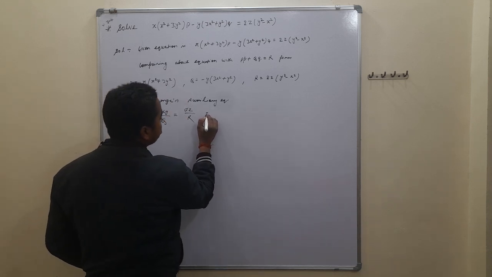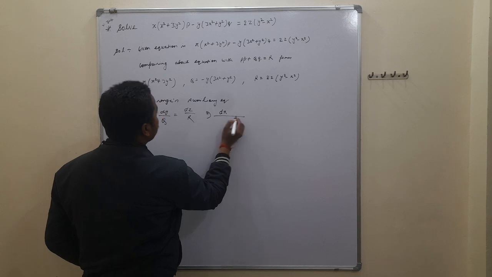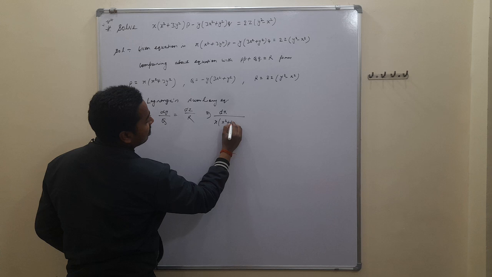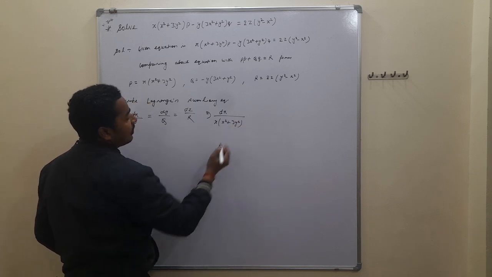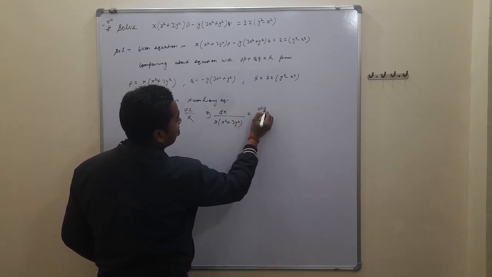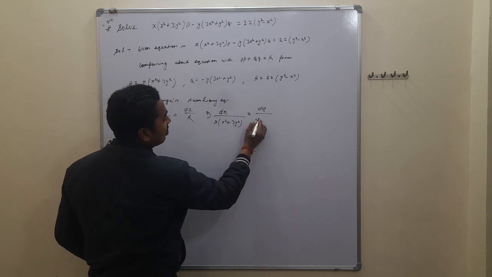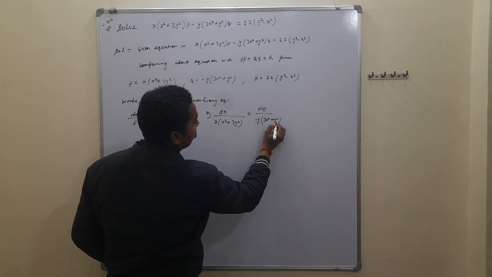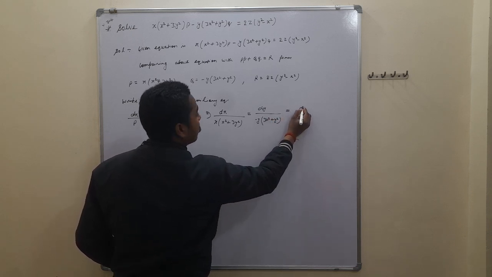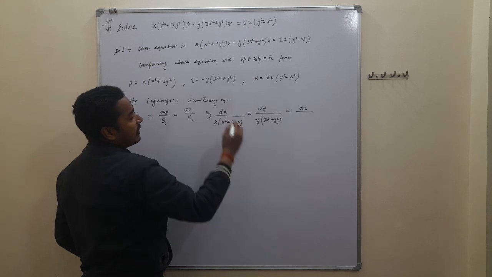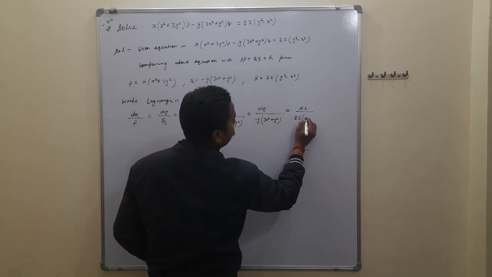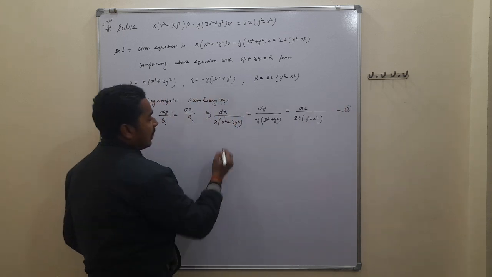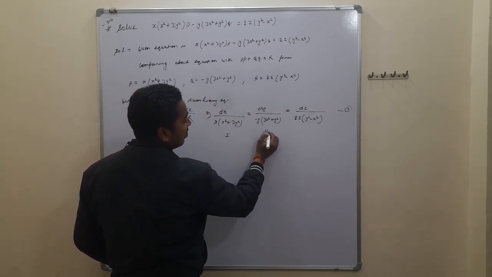This is dx/(x(x² + 3y²)) = dy/(−y(3x² + y²)) = dz/(2z(y² − x²)). Let this be equation 1, this is the first, second, and this is the third.